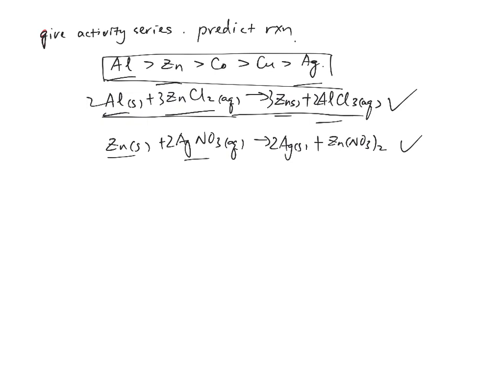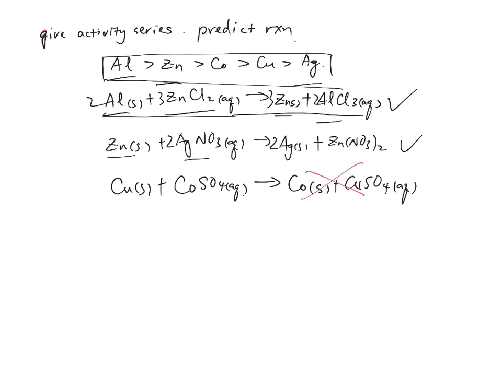But if I ask you, would this reaction happen if I put some solid copper into a cobalt solution? Do I get cobalt and copper sulfate aqueous? Then the answer here is no. No reaction here. Why?